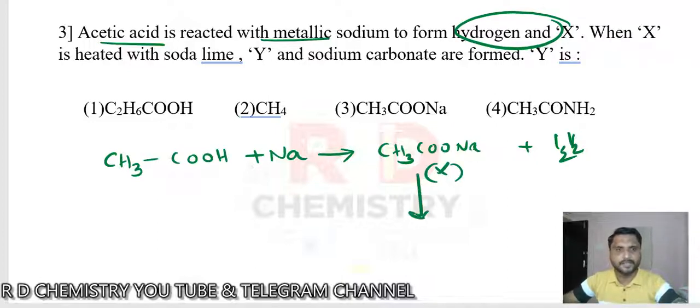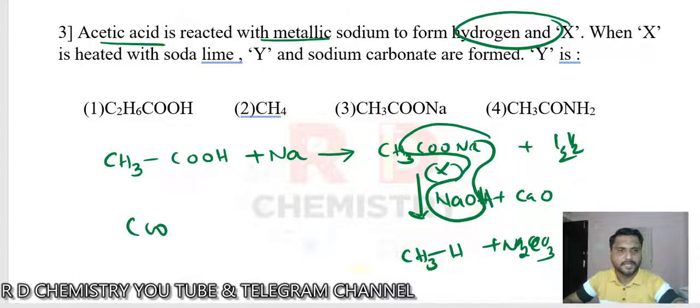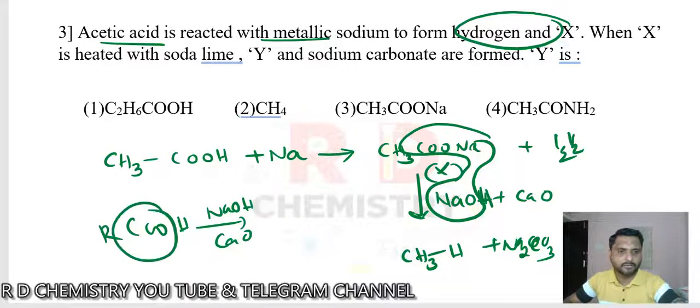When X is heated with soda lime, a mixture of sodium hydroxide and calcium oxide, it gives sodium carbonate, Na2CO3. What is remaining? CH3, and hydrogen is attached to it. So which molecule do we get? Methane, CH4. Remember, a carboxylic acid treated with sodium hydroxide and calcium oxide undergoes decarboxylation in the form of sodium carbonate to give RH.